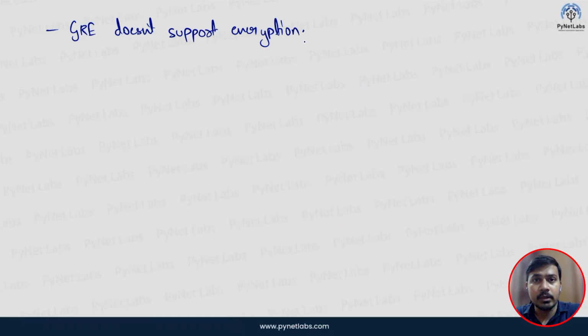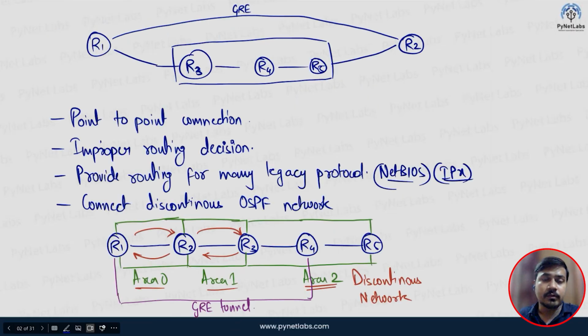So when you implement or configure GRE, just keep in mind that you might be creating a tunnel that provides you a point-to-point connection, but that very tunnel doesn't provide you any sort of encryption. The data that you share here could be easily read by someone if they try, but still GRE has certain advantages, like it provides you the point-to-point connection.